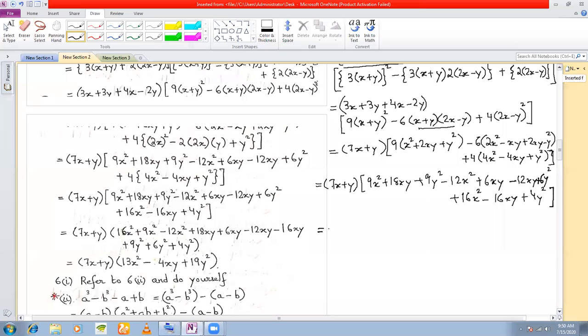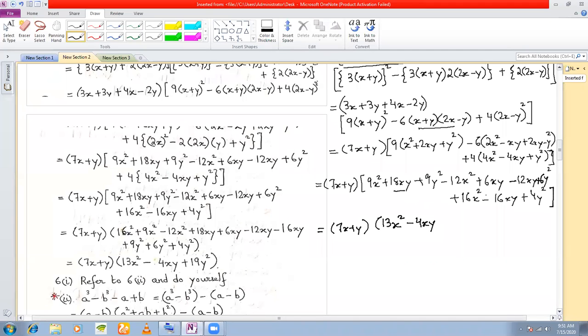So now if you simplify, you will get 7x plus y. Combine the like terms. 9 plus 16, and you have minus 12. 9 plus 16 minus 12 will give you 13x square. Okay. Combine the xy terms, you will get minus 4xy.